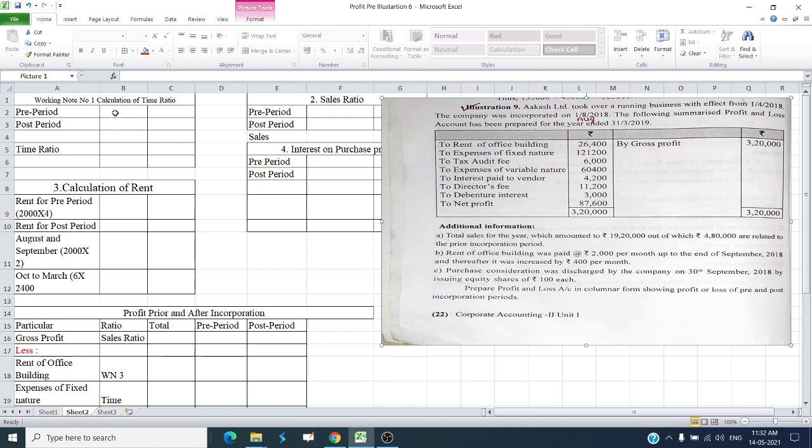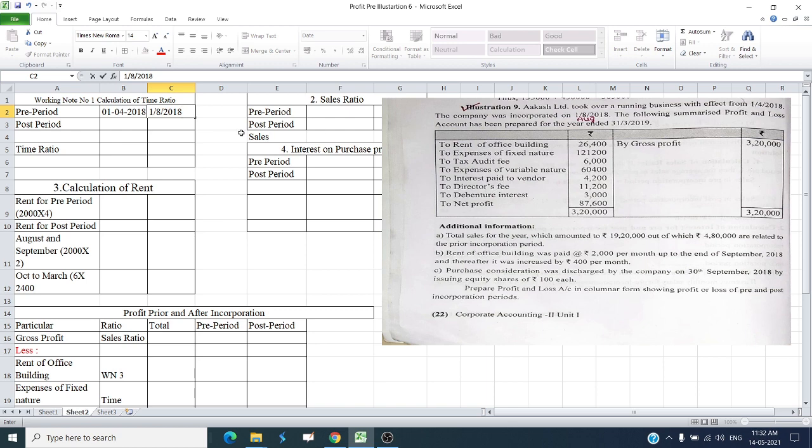First see here how to calculate the time ratio. In pre-period we have to take the running business, the date the business started, and that is 1/4/2018. And the company got its incorporation on 1/8/2018.